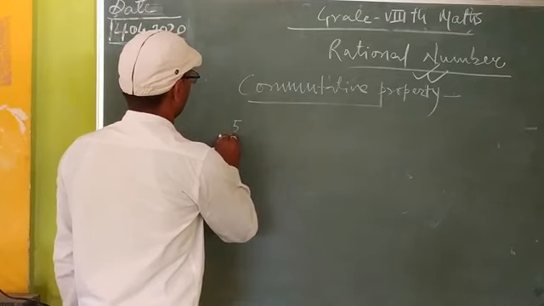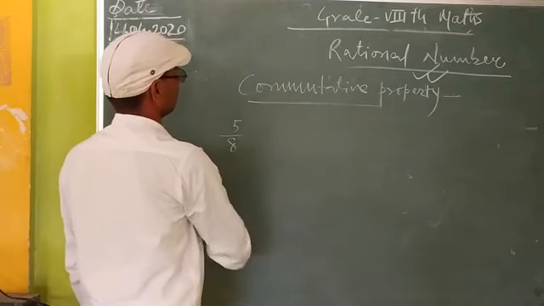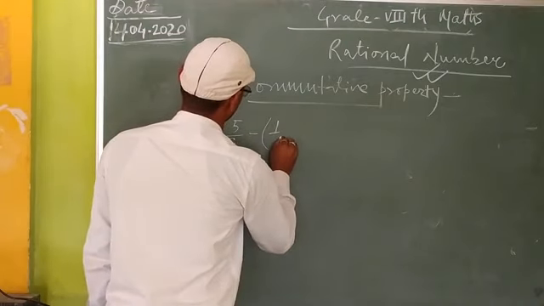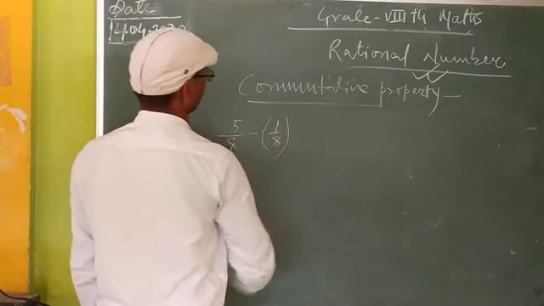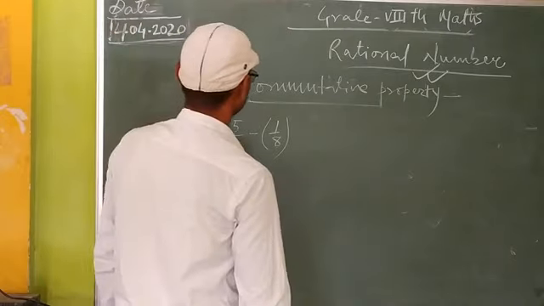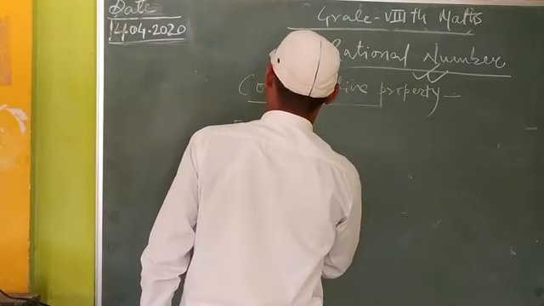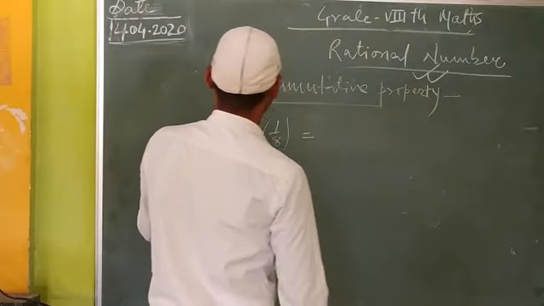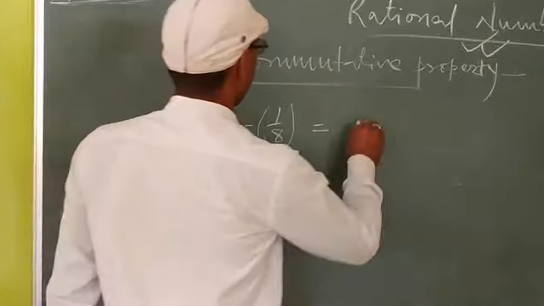Suppose 5 by 8 and 1 by 8. What is the result?